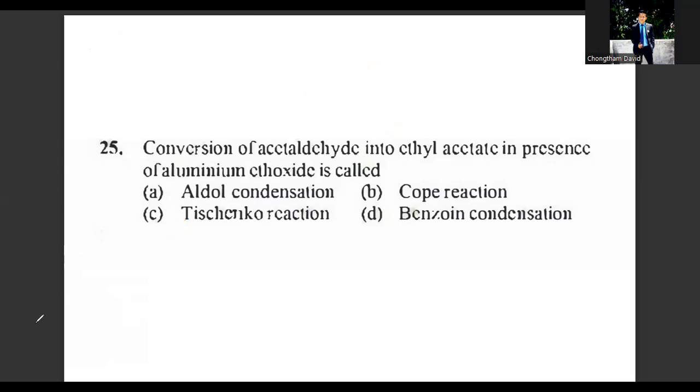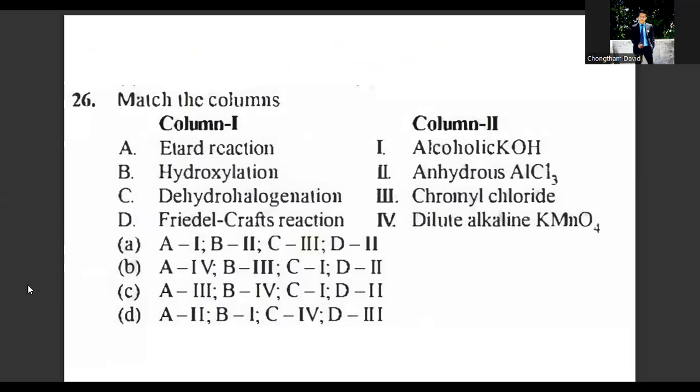Question number 26. This is a match the column type of question. In the first column, you have Etard reaction, hydroxylation, dehydrohalogenation, Friedel-Crafts reaction. In column 2, alcoholic KOH, anhydrous aluminum chloride, chromyl chloride, dilute alkaline potassium permanganate. So match the columns. Let us go step by step slowly. Question number 26. The Etard reaction utilizes what reagent?